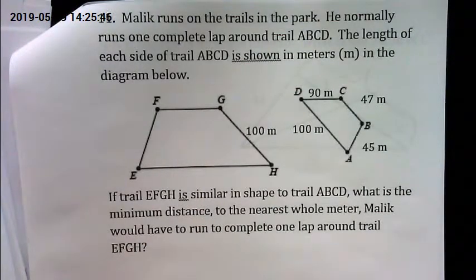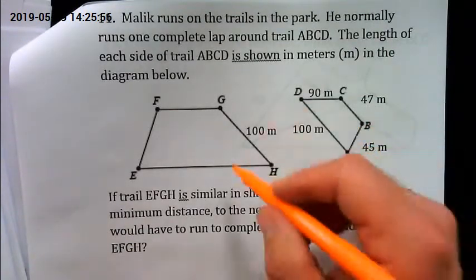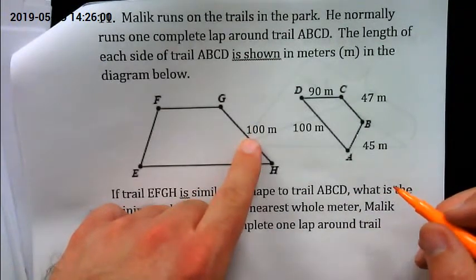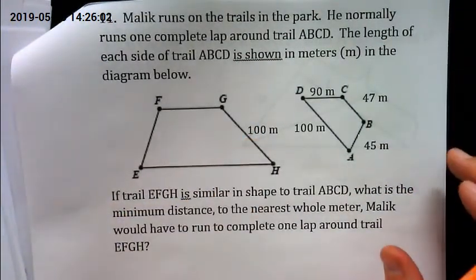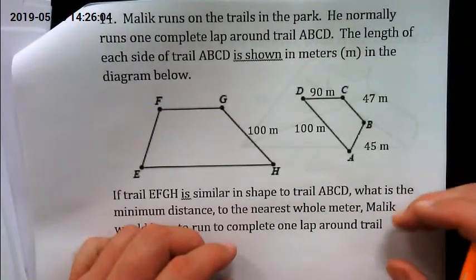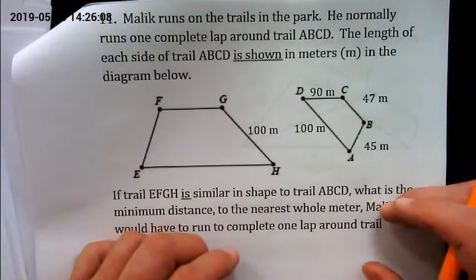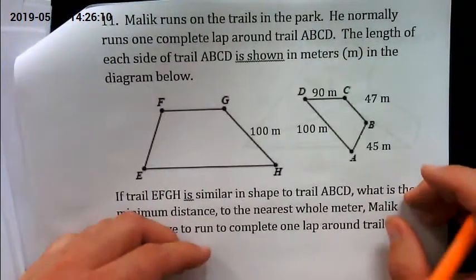So now, a couple of things to keep in mind. We can identify a scale factor here, right? Let's first identify the scale factor. So we're going from this one to this one, right? So which side matches up with the 100? 90. Why the 90? Because it just looks like it does. Why? Because it's more slanted.